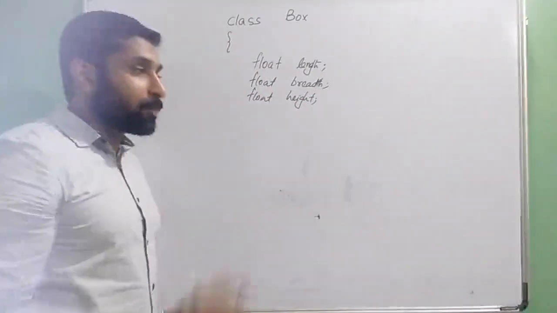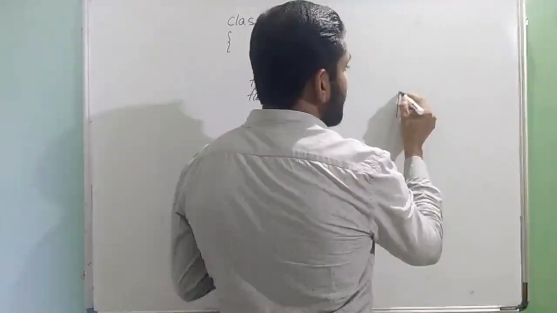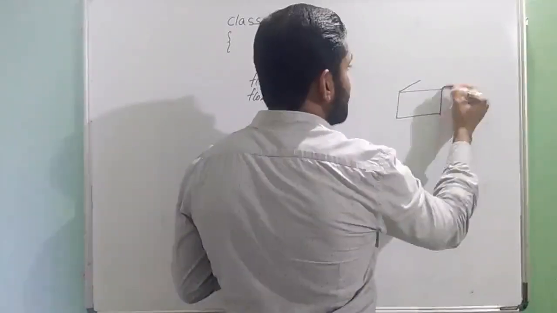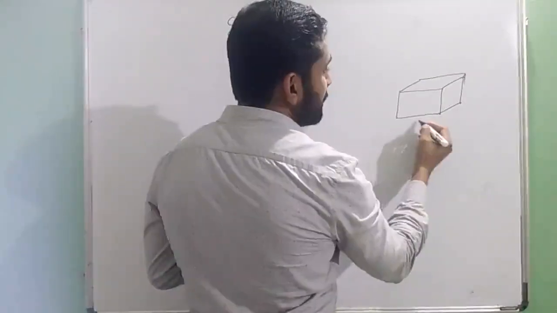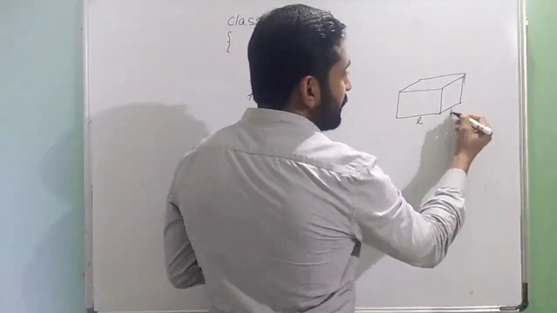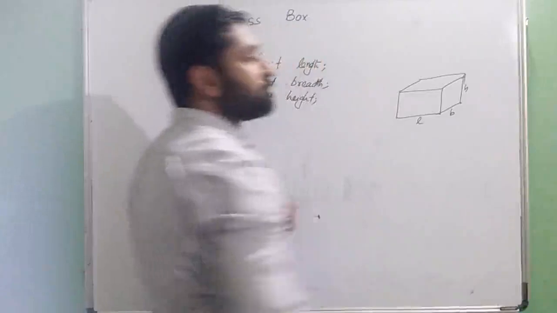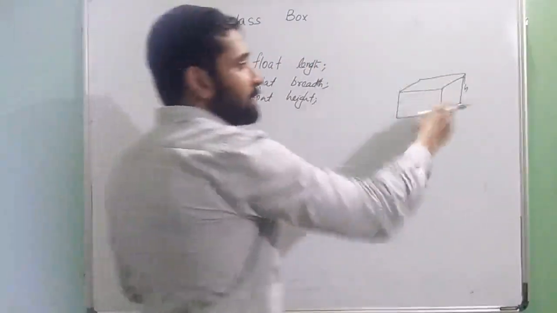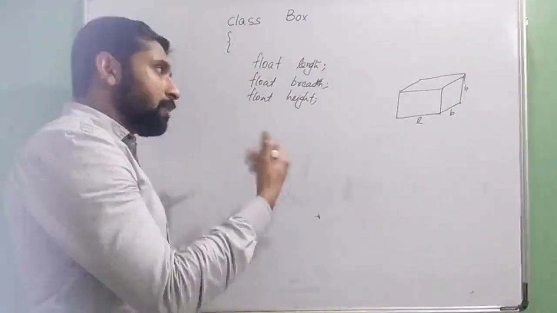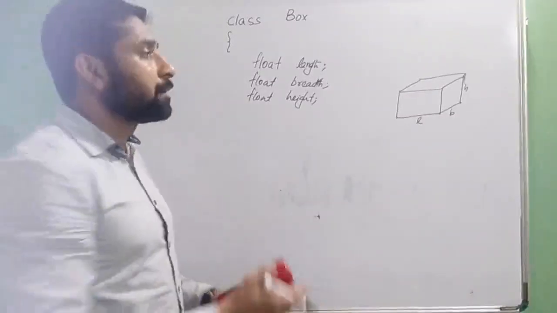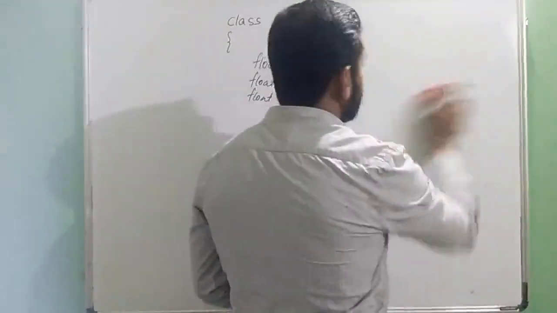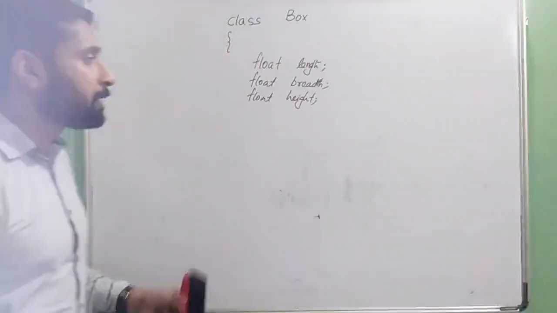So these are the properties of the object that we are going to create. For every box, there will be a length, breadth and height. We can add more properties, but for the time being, we are taking only length, breadth and height.